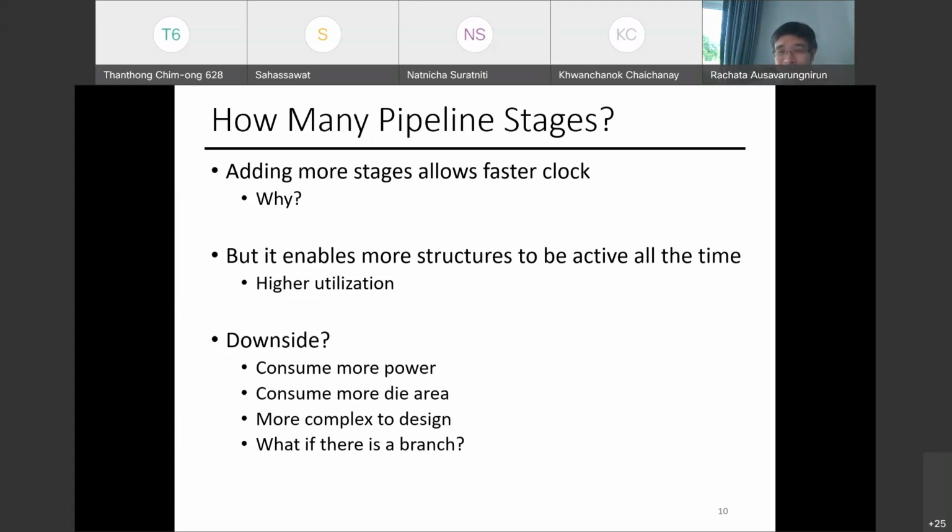You need to figure out, is this one coming from the fetch? Is this one coming from the ALU? Which one do I buffer? Do I buffer the right one or the wrong one? Because if you buffer just one wrong wire, your outcome is incorrect. So it's really, really fine-grained detail.